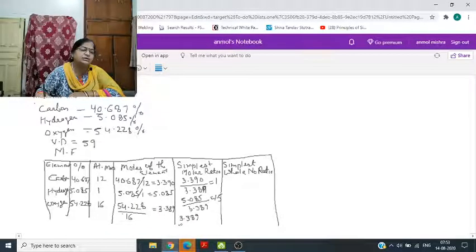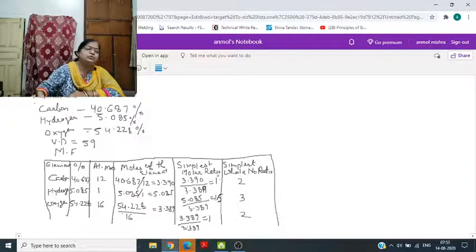So here a fractional value has come, so we will multiply each number by 2. Then it becomes 2, this becomes 3, and this becomes 2.